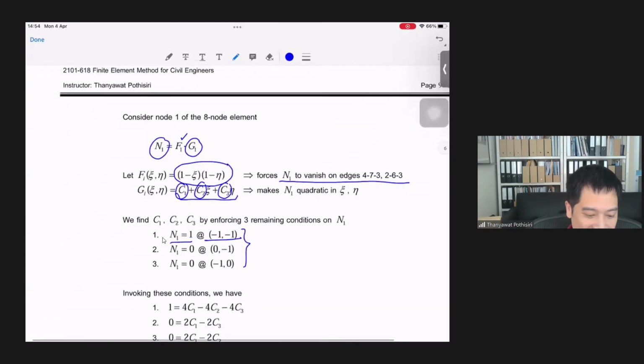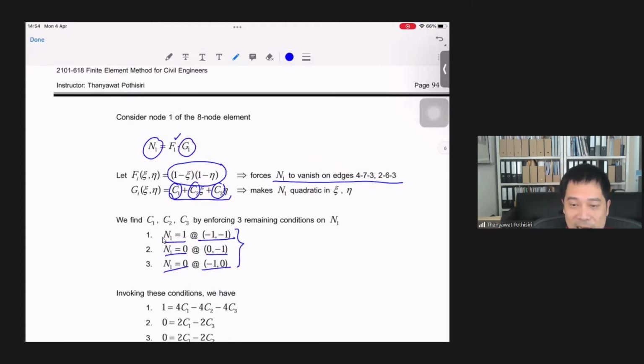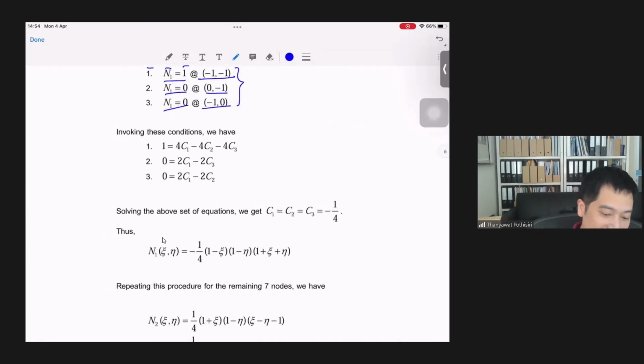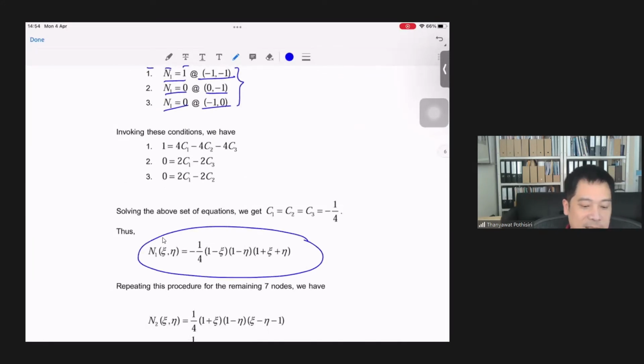At node 5, you see that N1 is 0 here, and at node 8, you also see that N1 is equal to 0 as well. So you use these three conditions to solve for C1, C2, and C3. You will see that you get N1 that looks like this.